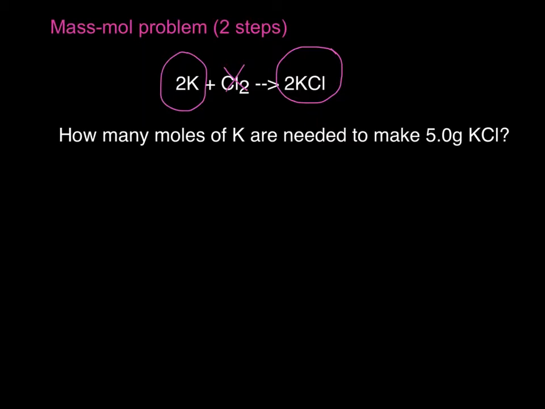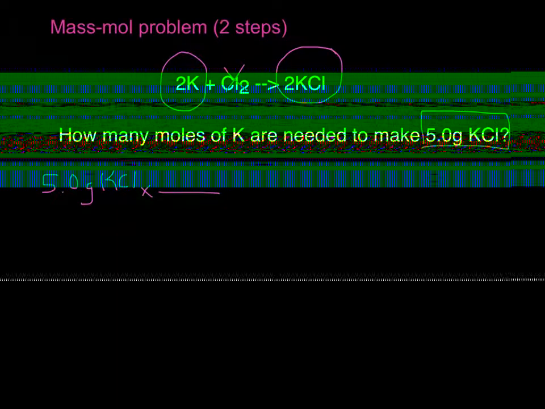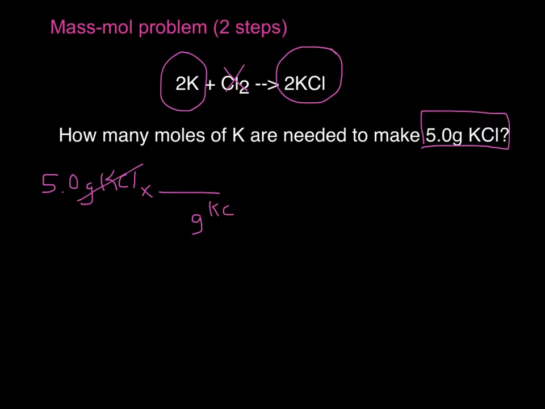Okay, the first thing we're going to do is write the number that's given in the problem. 5 grams potassium chloride. I know that the first thing I have to do is cancel out grams of potassium chloride, and I know that my first step, if I'm not starting with moles, is always, when in doubt, go to moles.